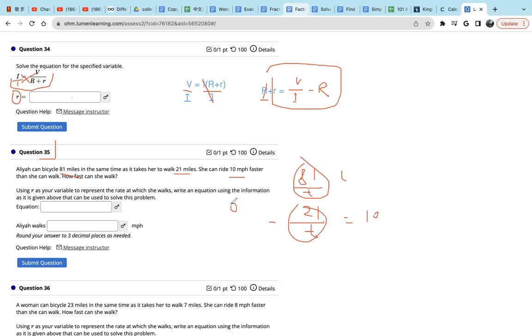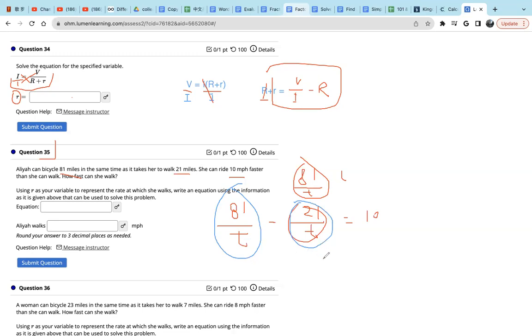Basically, this is 81. Let's put 81 divided by t here. So this is the speed of bicycling, 81 miles divided by time. This is the speed of walking, distance divided by time. Because same time, so both use a t to represent. So we need to find t, right?